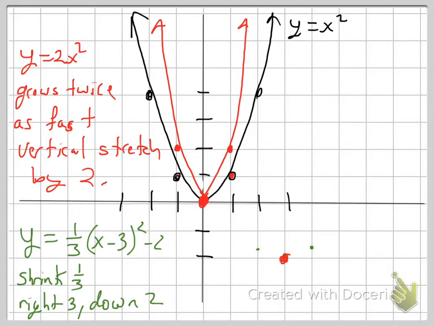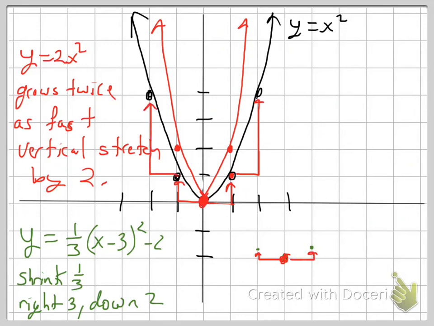So normally we would go over 1 and up 1 in both directions. Here we're going to go over 1 and we're only going to grow 1/3, so the growth has been shrunk a little bit. And then to get to the next point, we're going to go over 1 and up 1, 2, 3.